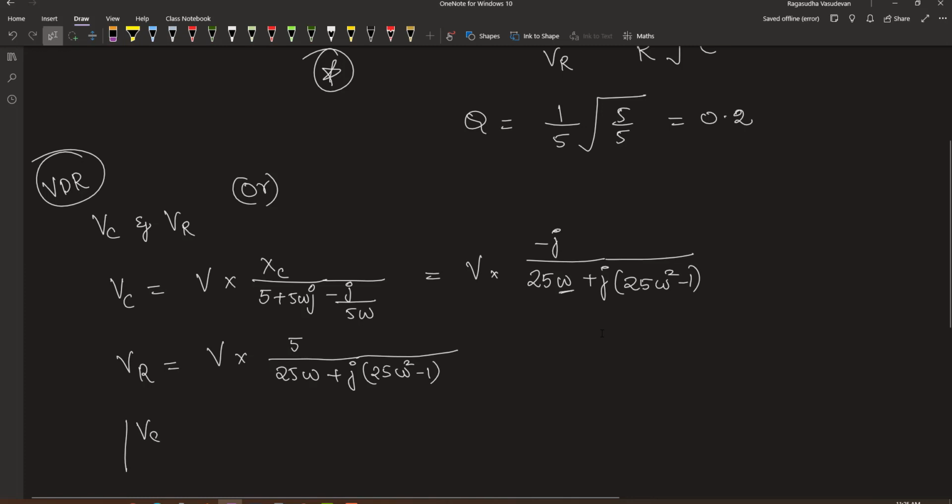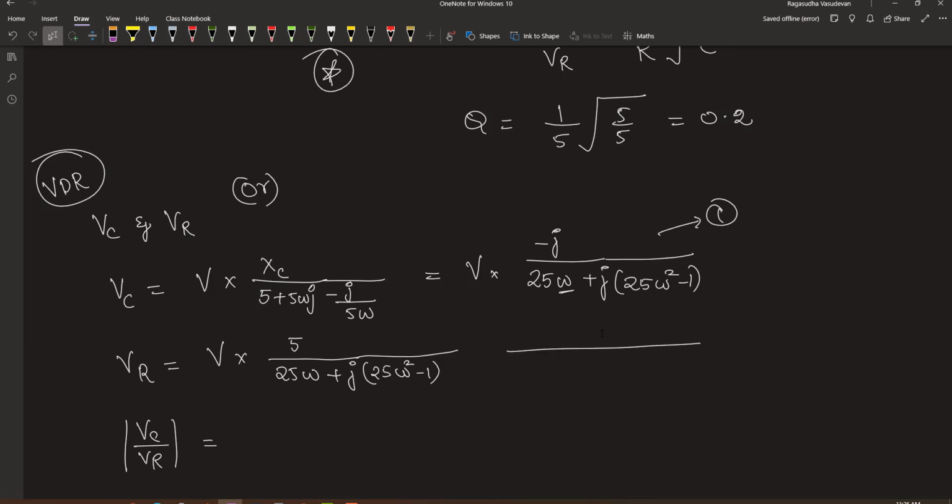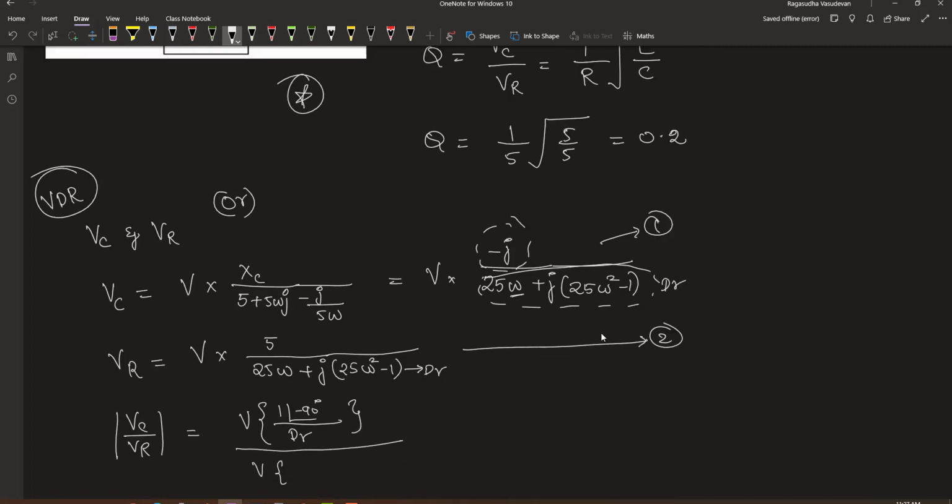The magnitude of the voltage across the capacitance divided by the resistance will be this term divided by this term, which is equal to V into, let's just convert this in terms of magnitude and angle, V into 1 angle minus 90 degrees divided by, let's just denote this denominator to be dr, and this is also dr. So VC divided by VR is equal to V into 1 angle minus 90 degrees divided by dr, whole divided by V into 5 divided by dr. So the magnitude of this will again be 1 by 5, which is 0.2.